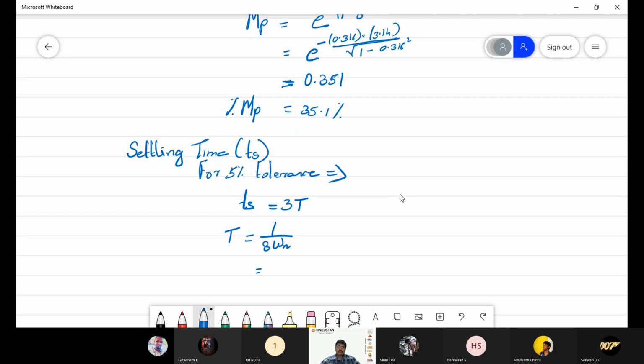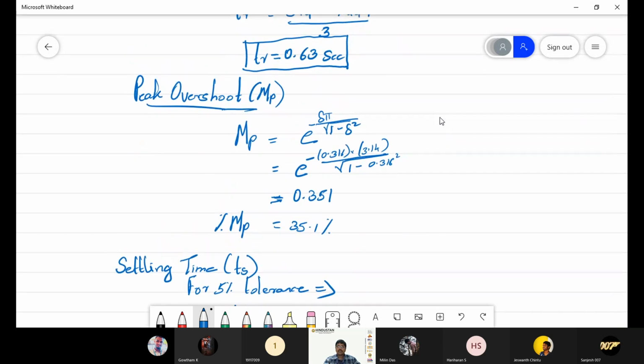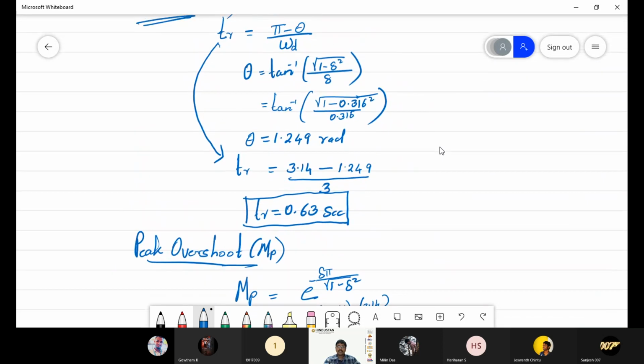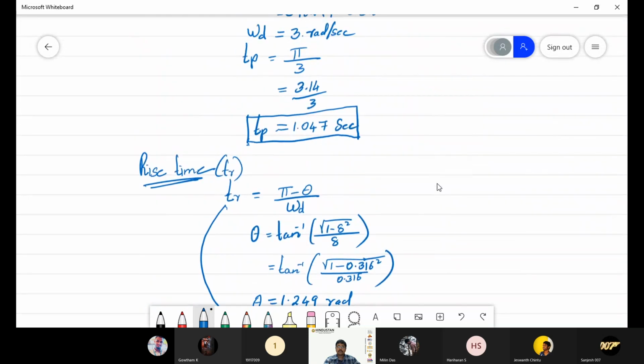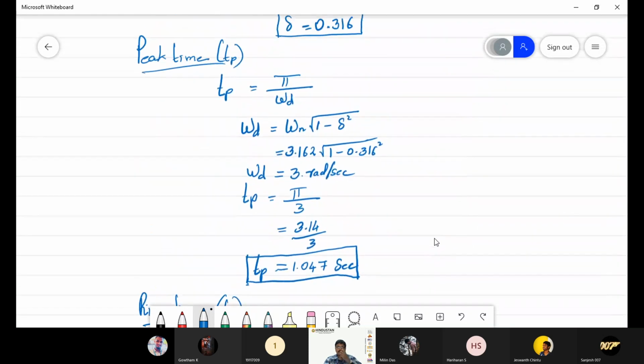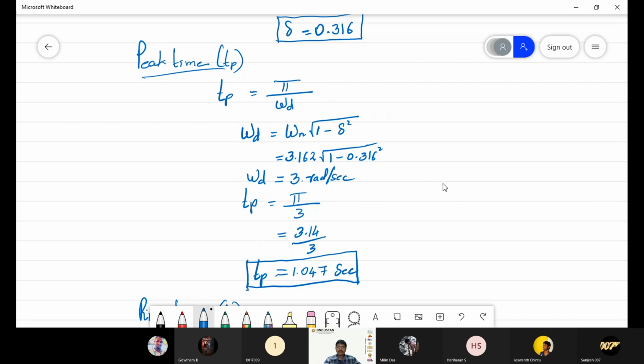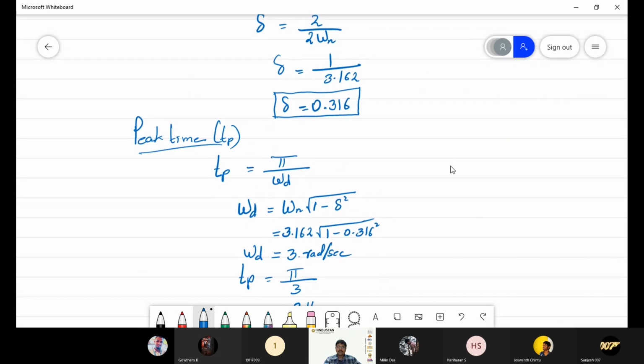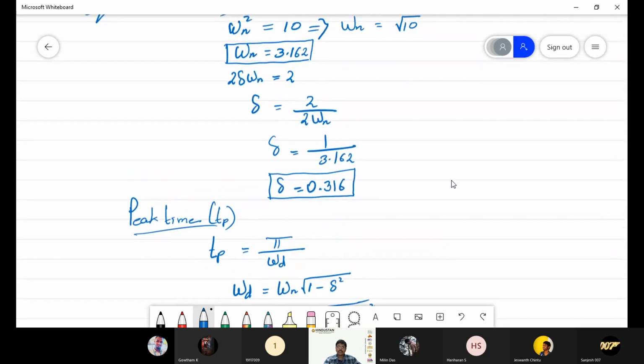So that is equal to 1 divided by delta into omega n value. Delta value is given here, that is 0.316, multiplied by omega n value, which we found out already, that is 3.162.